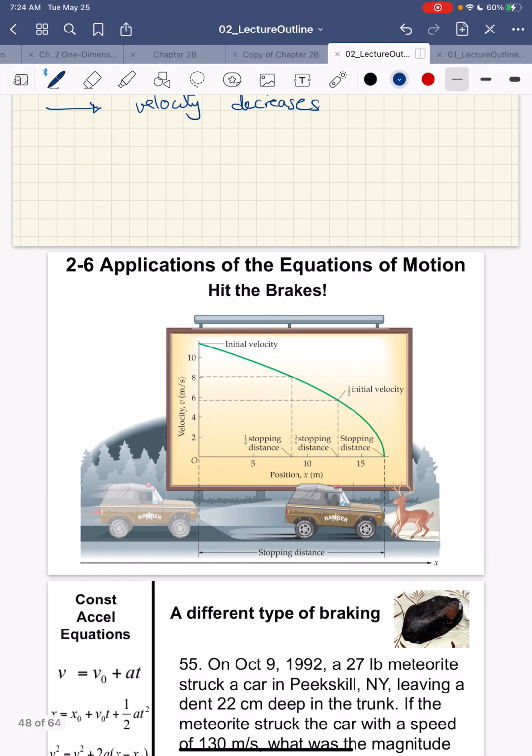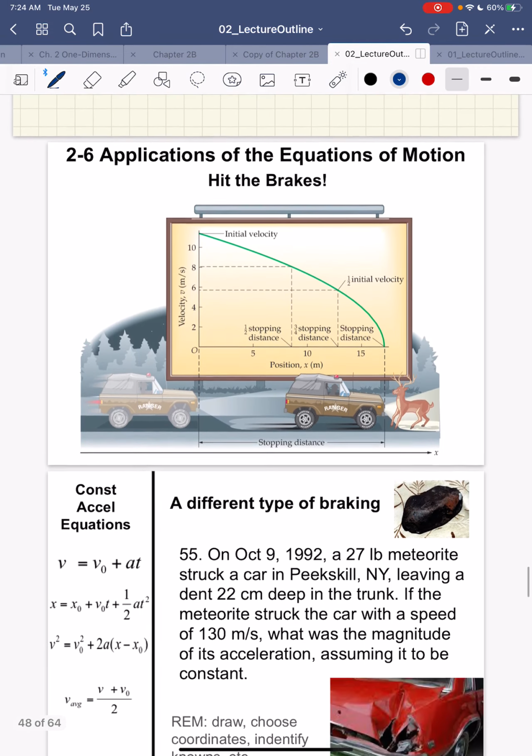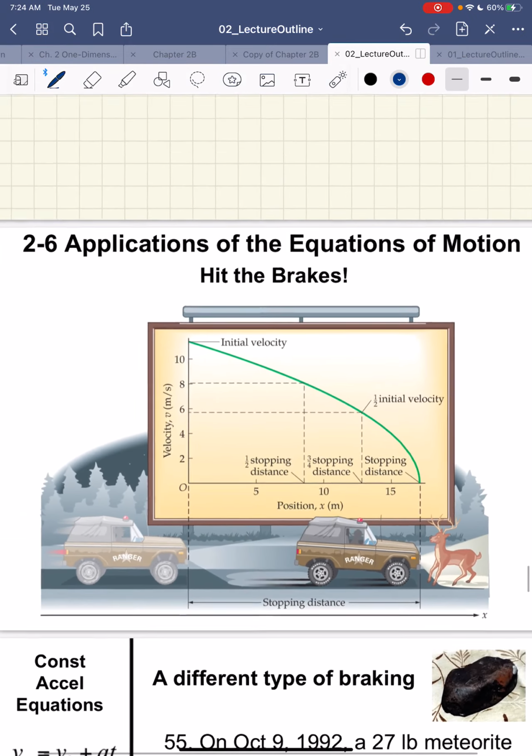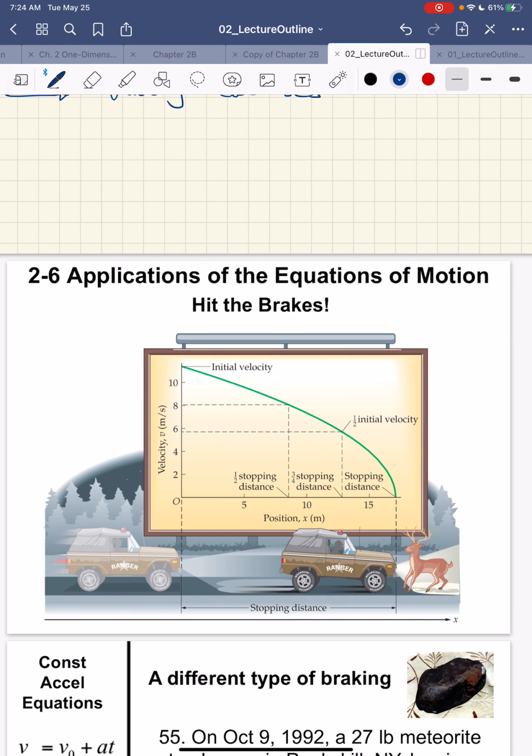Now here I will also say some of the most important things that we know about applications of the equations of motion. When you hit the brake and this was your initial velocity, you will start slowing down, right?